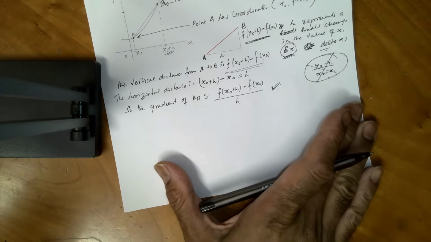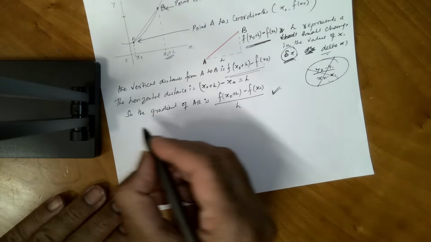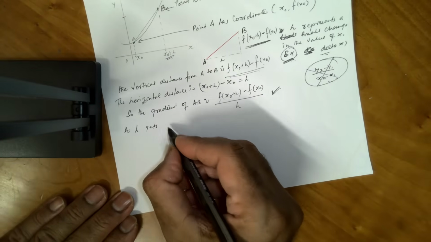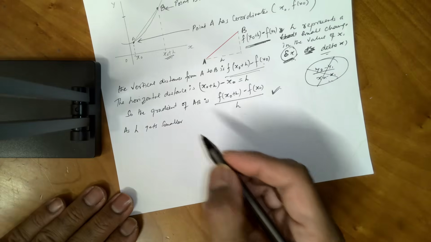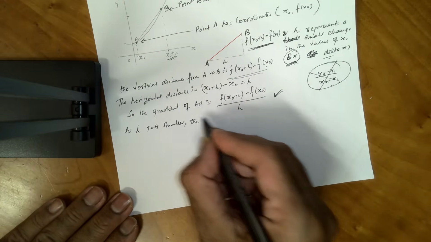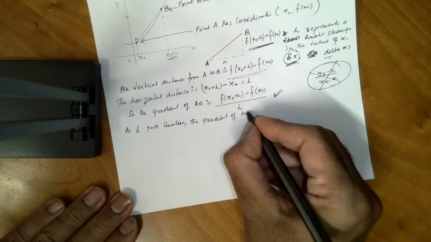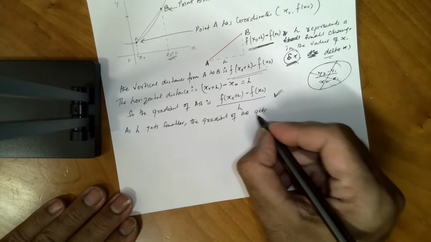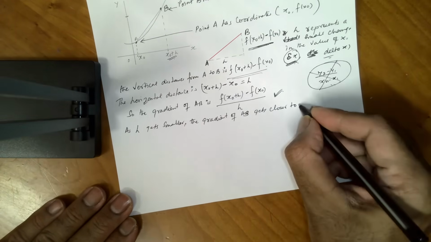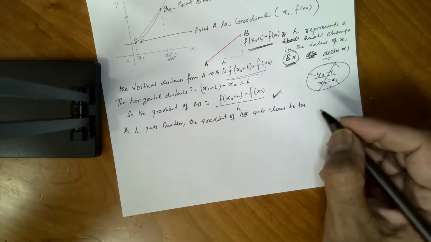I'm just going to write it down, so that it makes it easier for you to follow this video later on. As h gets smaller, which means that if the point B comes to here, as h gets smaller, the gradient of AB gets closer to the gradient of the tangent to the curve at A.